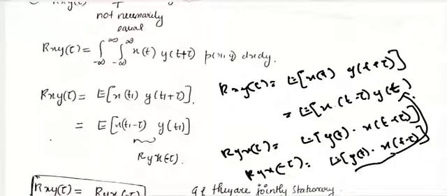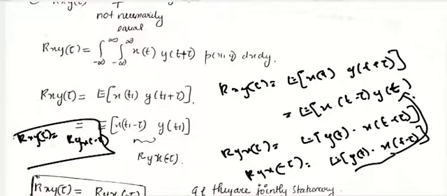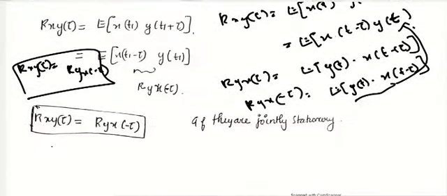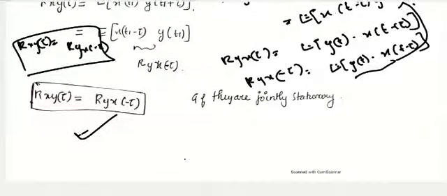So, I can write r x y of tau is equal to r y x of minus tau. That is why this property came into being. They are jointly stationary. That means they both depend upon the same time interval.